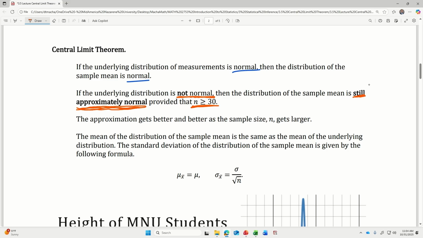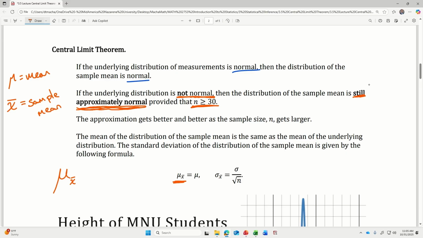The mean of the distribution of the sample mean, which is this symbol right here, that's mu for mean, and then x bar represents the sample mean. Remember, the mean is a parameter. The sample mean is a statistic.